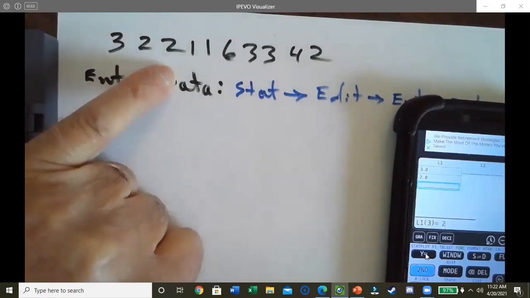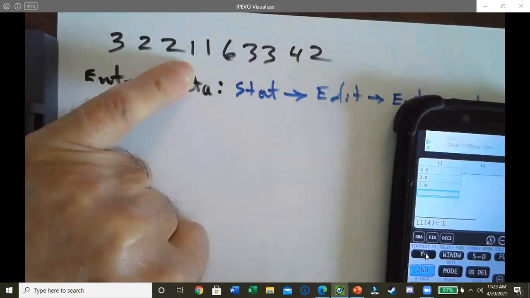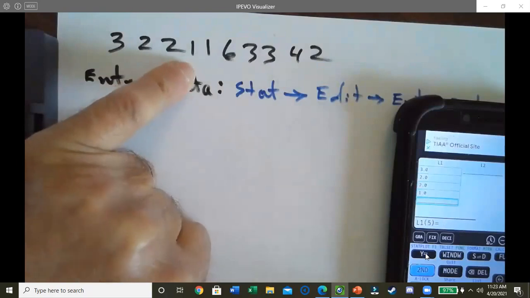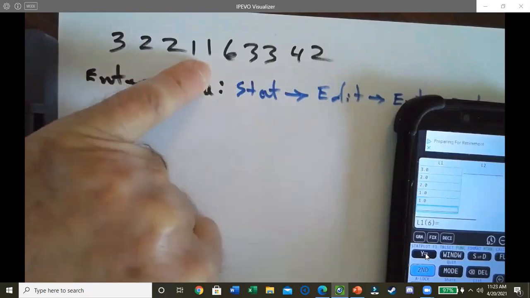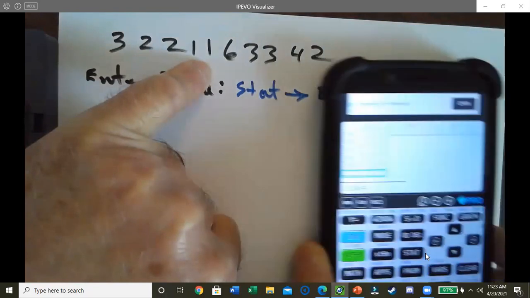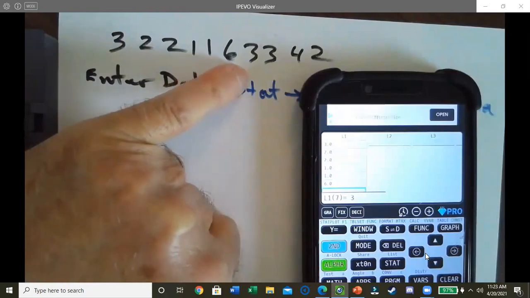2, and you want to check it, make sure you entered it right as you go along, because if you make a mistake... I'm trying to talk and do this at the same time, not make a mistake. Sometimes that's not so easy. And then a 3.